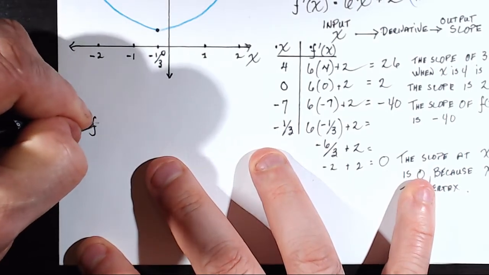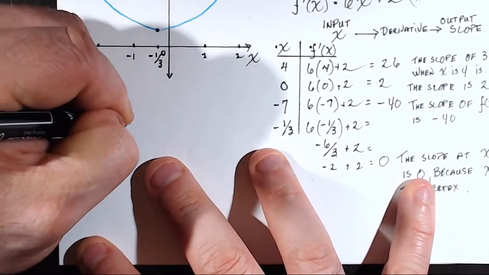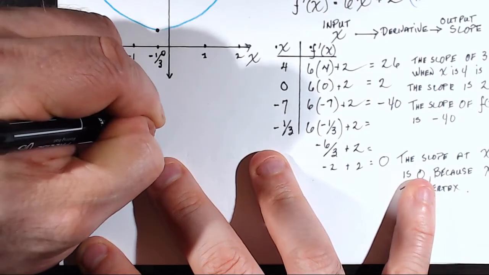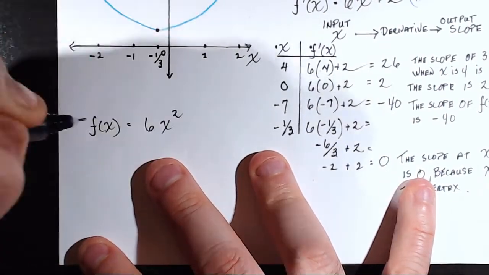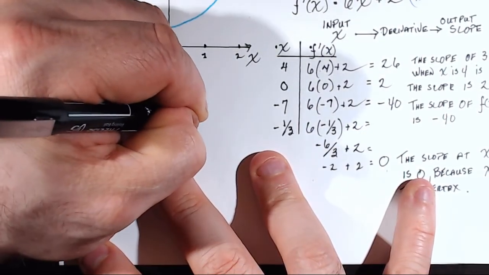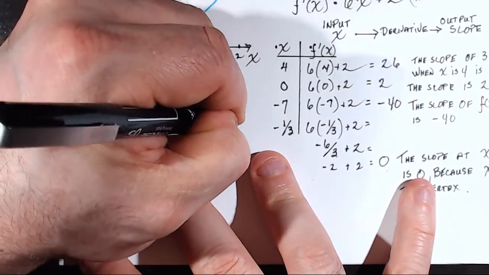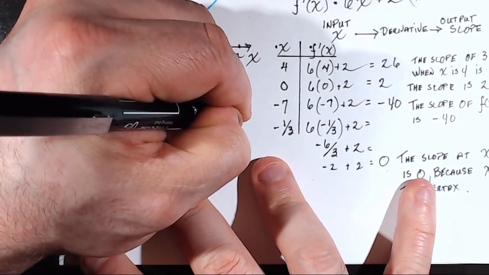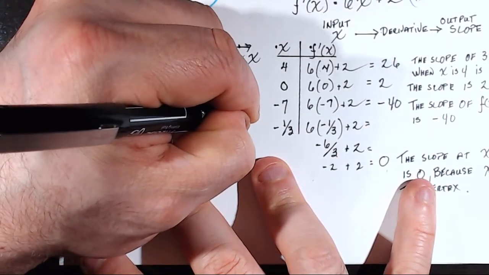Got f of x equals 6x squared plus 3x plus 193.